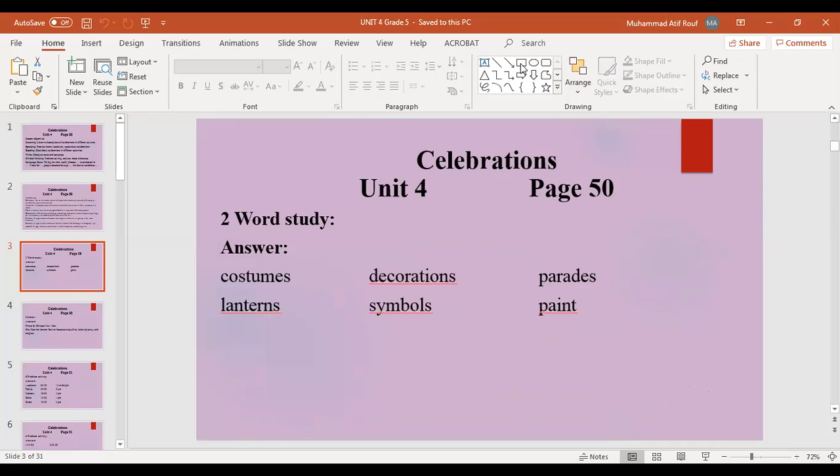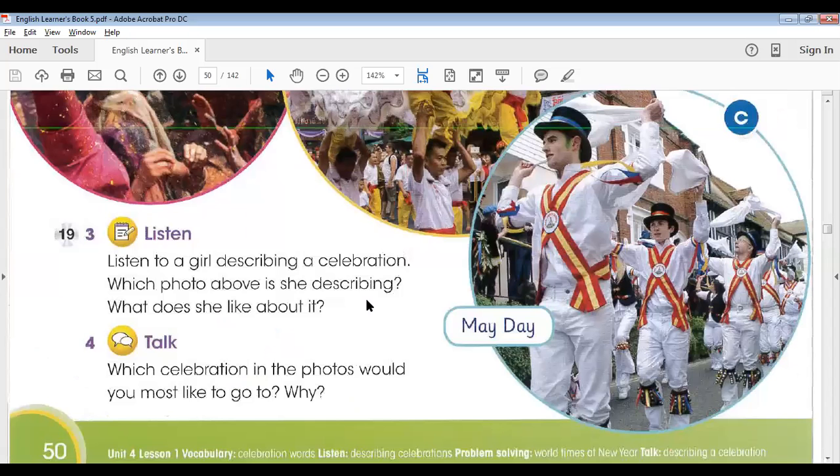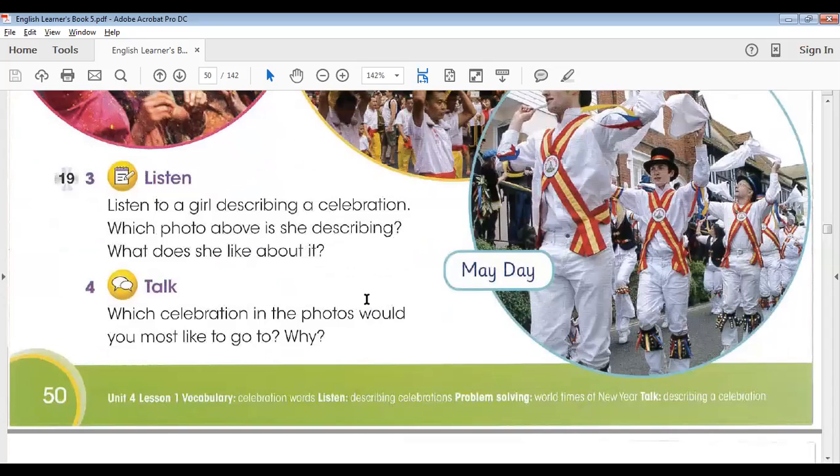After that, we moved to the next activity, which was Lesson 1, Activity 3, listening. Track 19. Listen to a girl describing a celebration. Which photo above is she describing? What does she like about it?